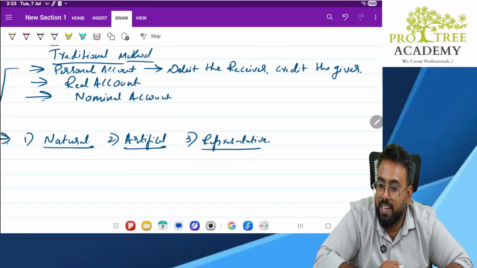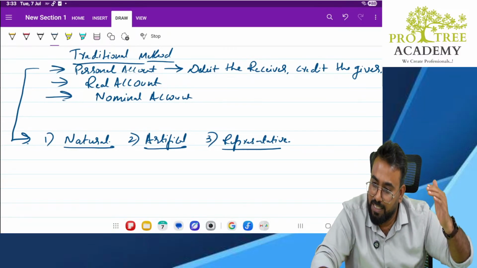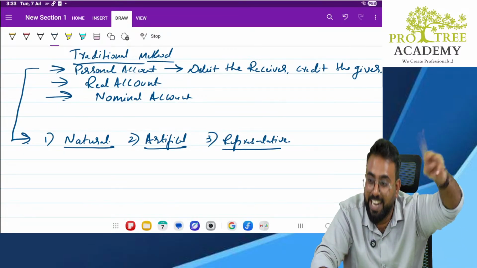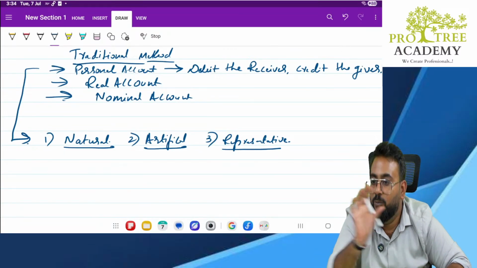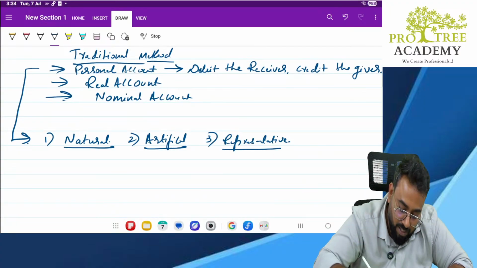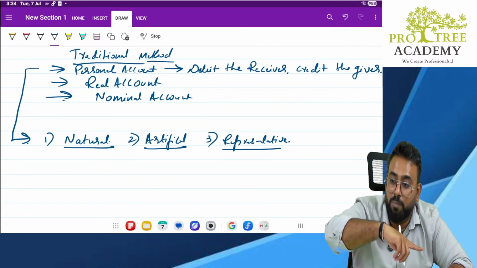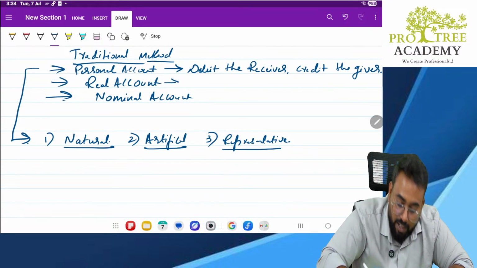Debit the receiver and credit the giver. Let's not see the transaction now, because after seeing all the rules, we have to integrate between two or three rules and record the transaction. Clear? So it is not that I will use one rule to record all transactions. It doesn't work that way in the traditional method, whereas it works in the modern method: increase, decrease. Correct?